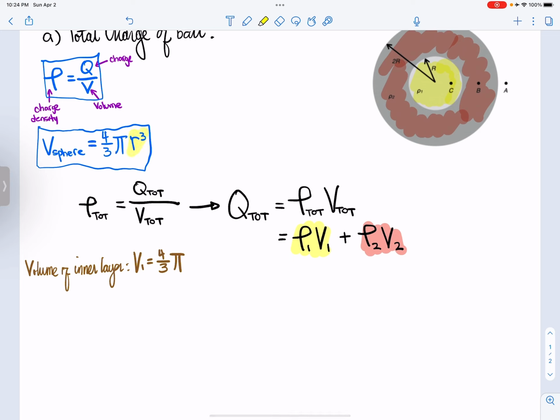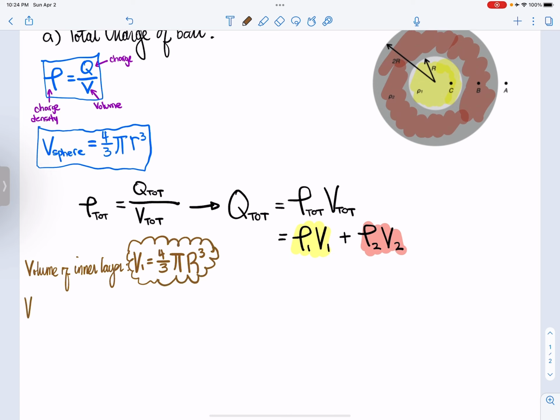And what is the radius for the inner layer? It's capital R, that's seen in our diagram. So R cubed. That is our volume for the inner layer, which we'll call V1.